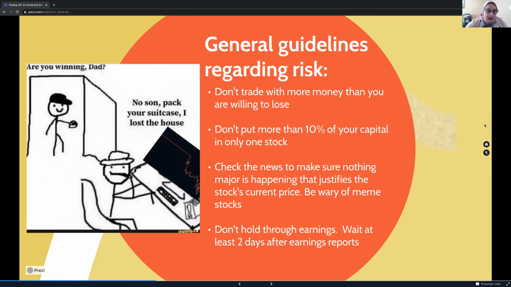The reality is it is very high risk to hold something through earnings. So if I'm about to enter a trade, I'm going to check the earnings dates. And if they're reporting earnings today or tomorrow, I'm going to stay away. With that said, post earnings can create great buying opportunities. However, you don't want to buy too soon. You don't want to buy the day that it reported or the next day even.